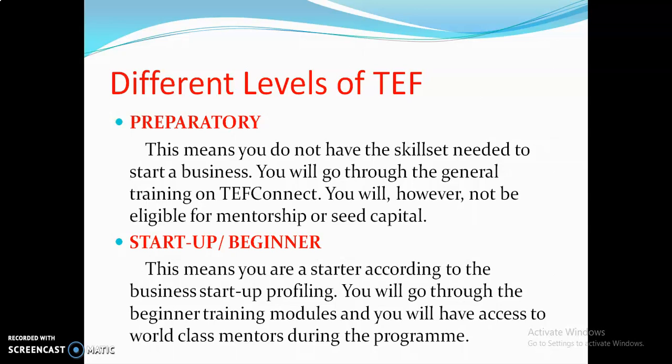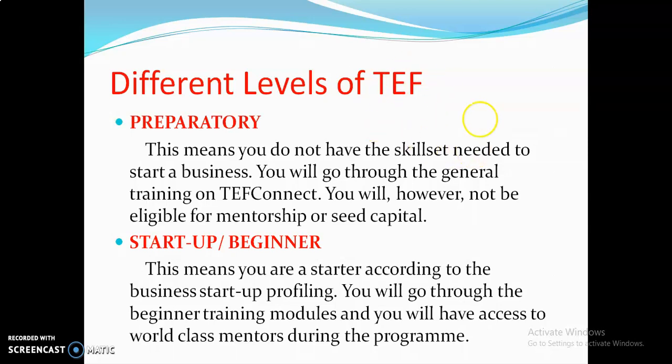These are the different levels of the Tony Elumelu Foundation categories. If you didn't do well, like if maybe in the first two questions you are very poor, you didn't answer well, they will put you under the preparatory stage. What does this mean? This means you do not have the skill set needed to start a business. You answered wrongly, your arithmetic was not good, or your personality is not good.